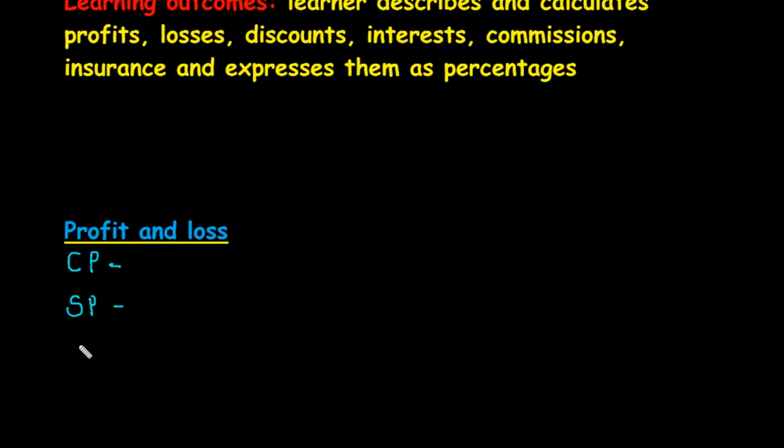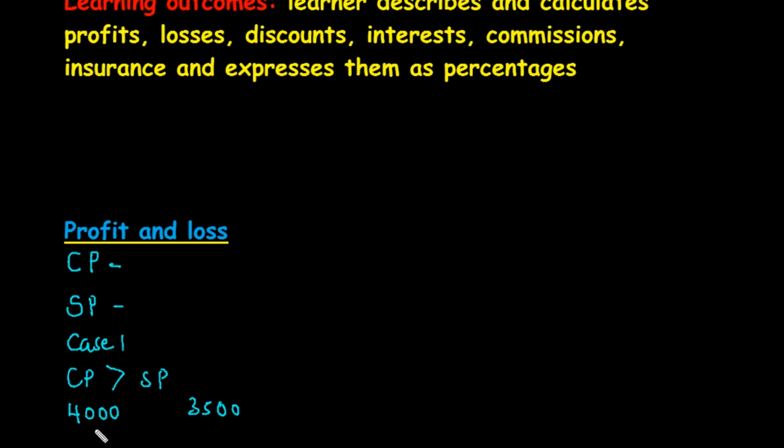Now you have cases to consider. Case number one, when the cost price is greater than the selling price. What do we mean? When, for example, I buy a kilogram of sugar at 4,000 Ugandan shillings and I sell it at 3,500 Ugandan shillings.